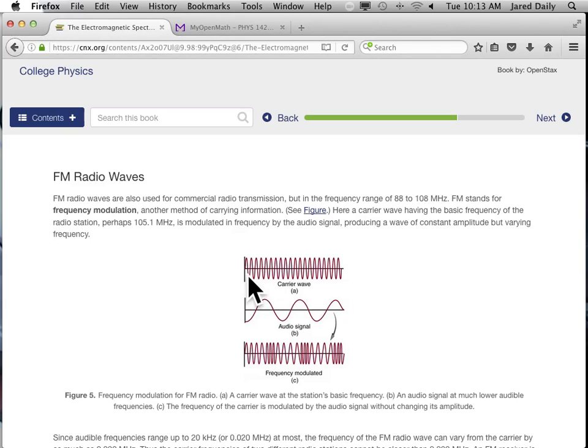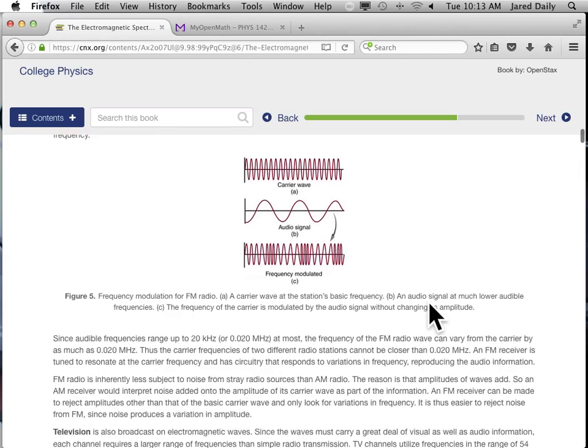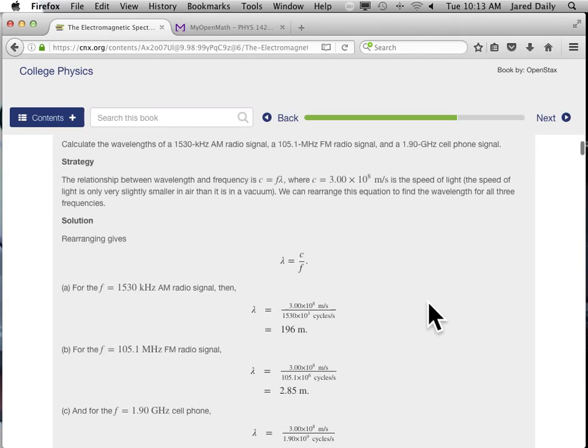The sideband would look like this, and the audio signal, when it's put on top of it, changes that sideband frequency so that it gets longer and shorter in wavelength, or lower and higher in frequency. So that's what they look like.